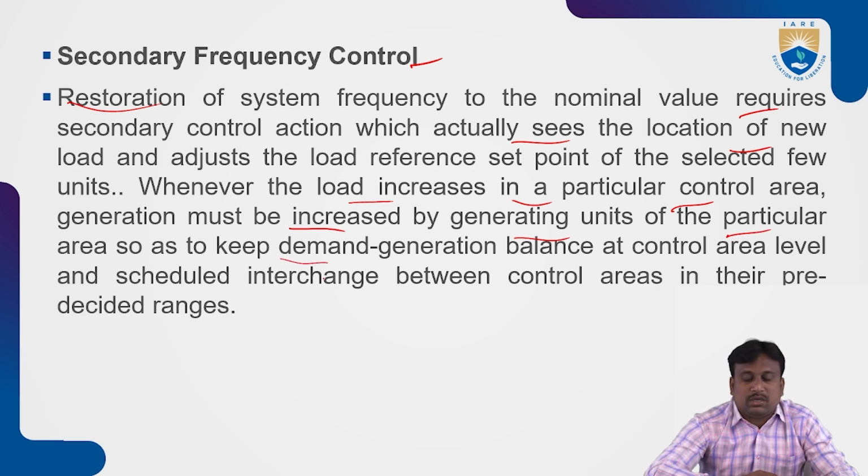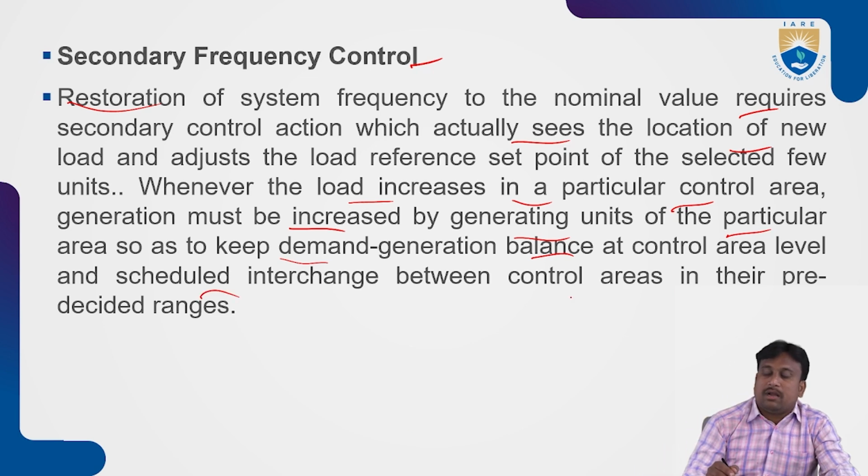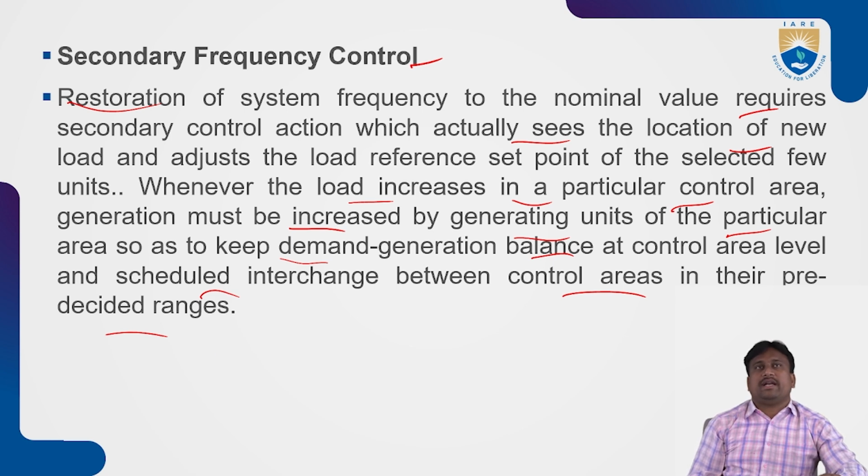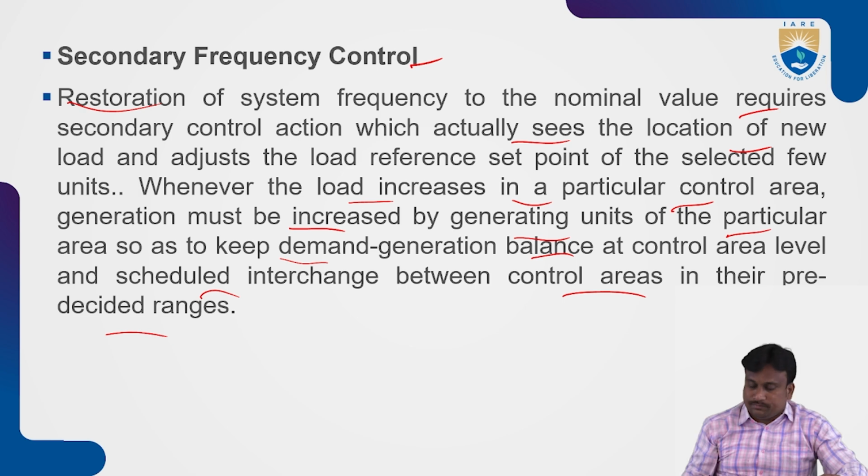This is to keep the demand generation balance at control area level and the scheduled interchange between the control areas within their pre-decided ranges. So likewise, secondary frequency control operation takes place here.